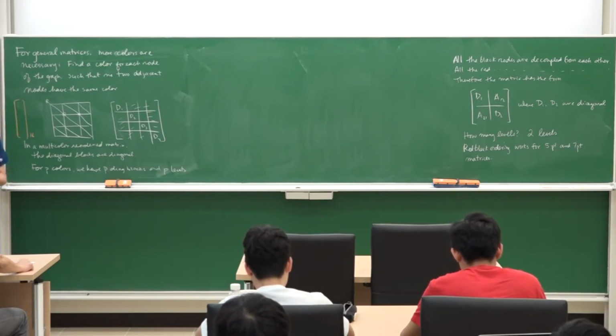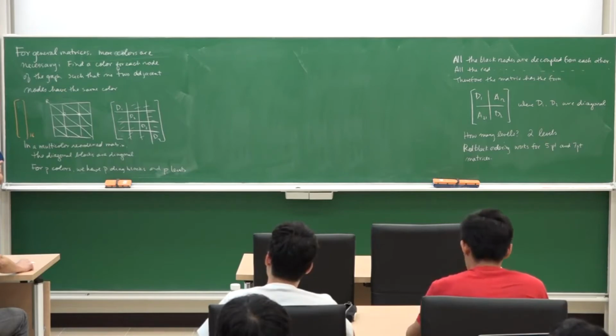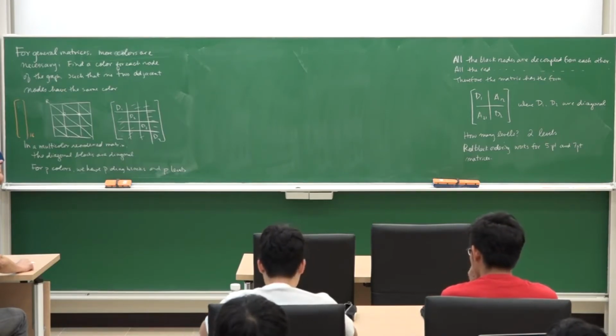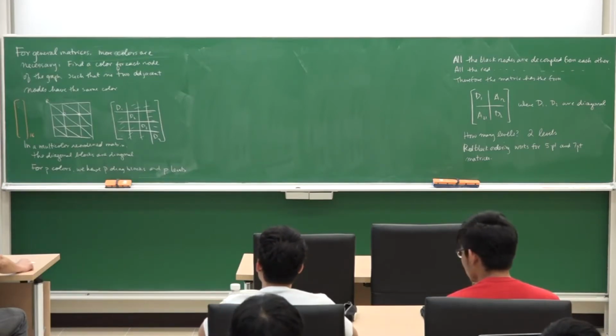So what is a way of coloring? Sorry? 2 to the power n. What is 2 to the power n? The number of colors. The number of colors is 2 to the n.